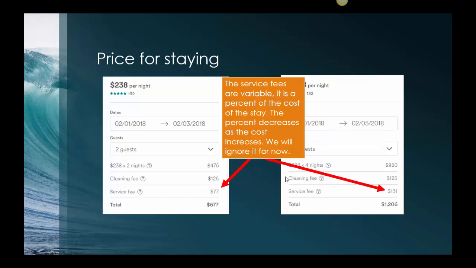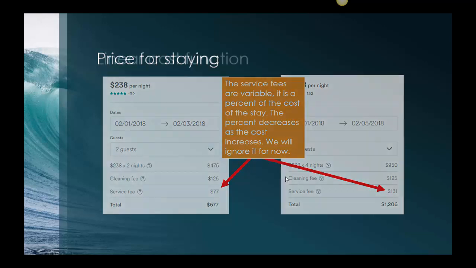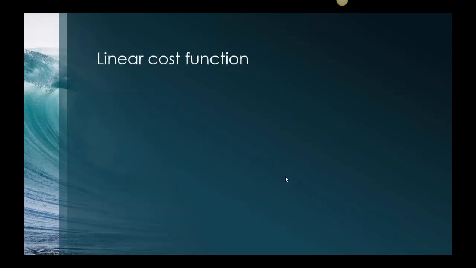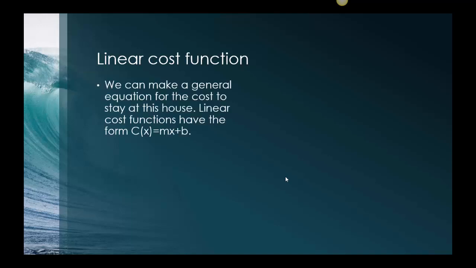All of that's very interesting, but let's ignore that for now and just stay on the marginal cost of $238 a night and the cleaning fee that was fixed at $125. So staying with that, let's talk about making a general equation for the cost to stay at this house, so we can start putting together this link between algebra and eventually calculus, but right now algebra and business.